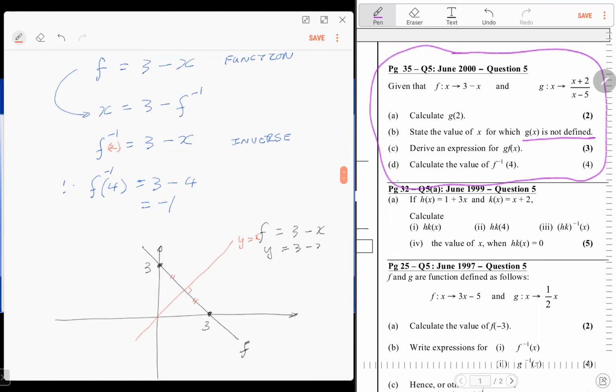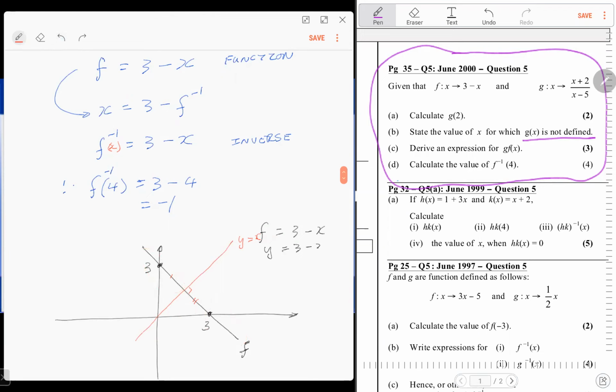If you reflect this point, it comes right back to here, and if you reflect this point, it goes right back to there. In fact, any point on this side that you reflect goes the same distance on the other side, just as those two points, the 3 and the 3.